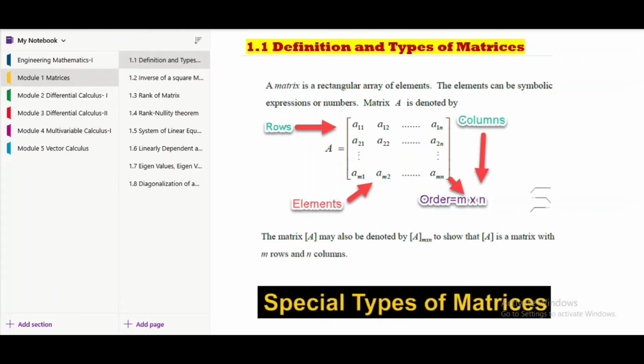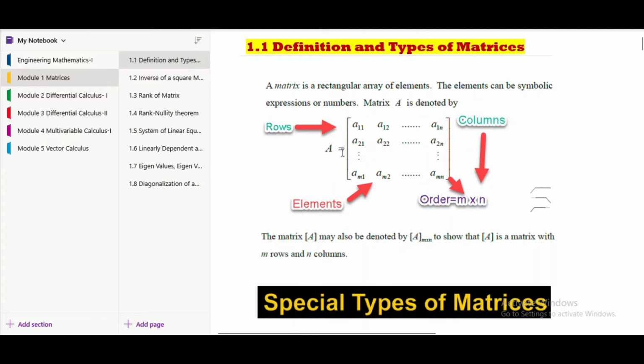Let's start with the definition and types of matrices. A matrix is a rectangular array of elements. The elements can be symbolic expressions or numbers. Matrix A is denoted by a square bracket like this.